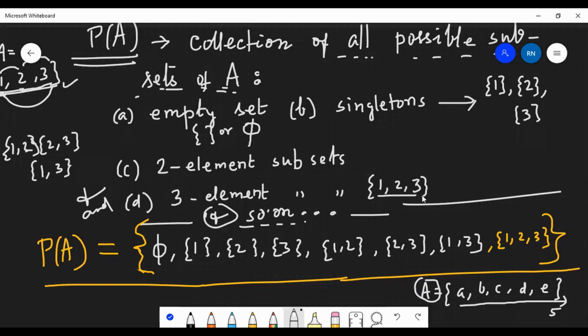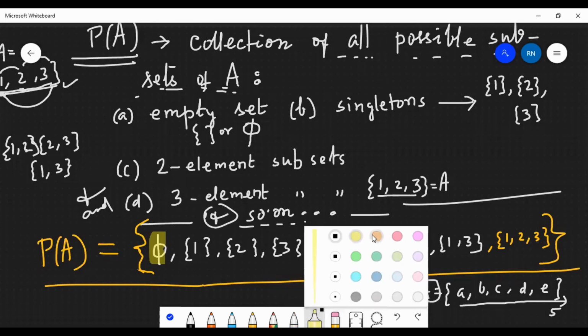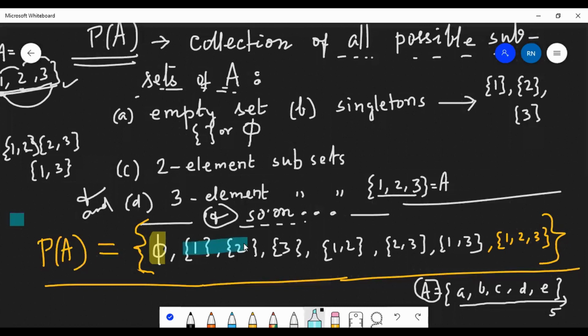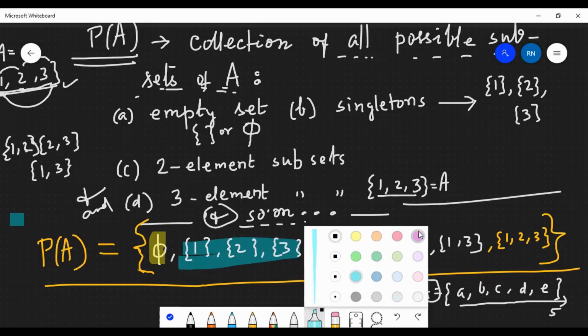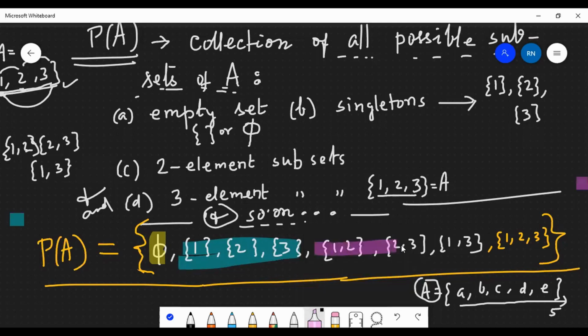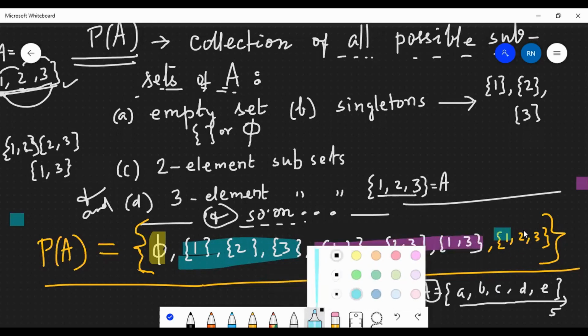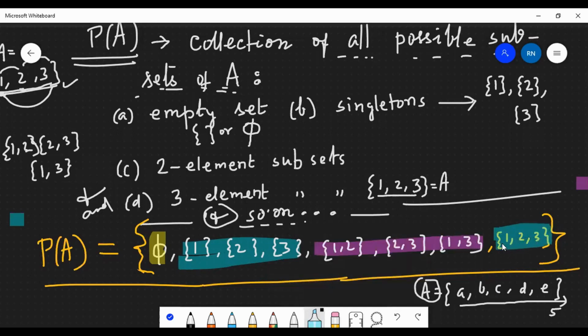Once you collect the 3 element subset 1, 2, 3, it is exhausted because you got the full set A. So we stop there and make a listing: the empty set, then all the singletons together, then all the pairs together, and finally the 3 element subset, A itself.